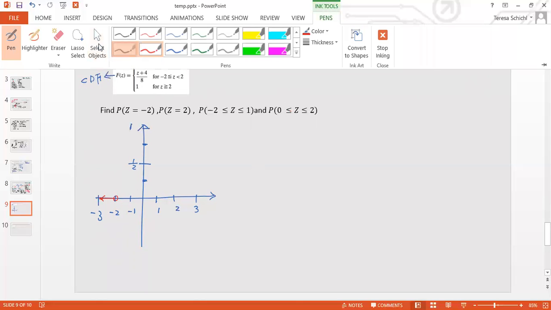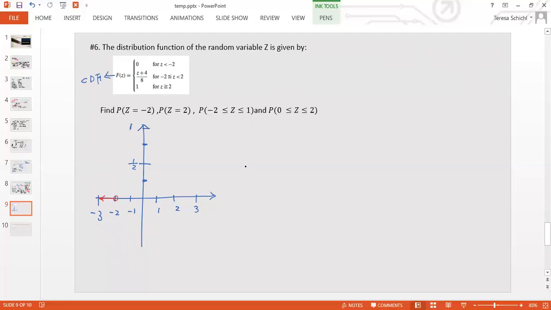Okay, so you plug in the numbers here, z equal to negative 2. You plug into this formula, so what is F of negative 2 equal to? F of negative 2 is equal to negative 2 plus 4 over 8, right? So what is here?